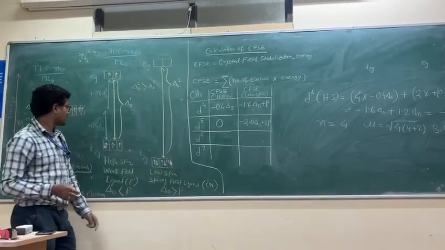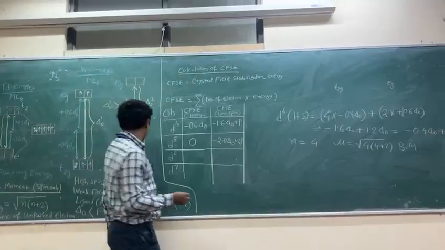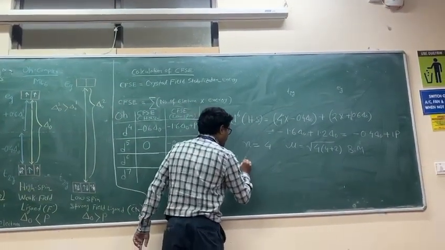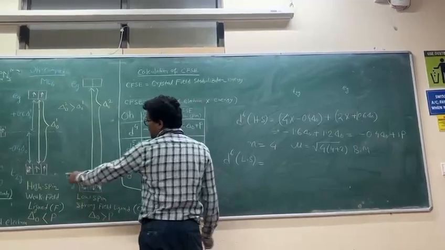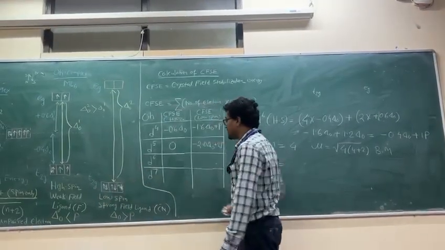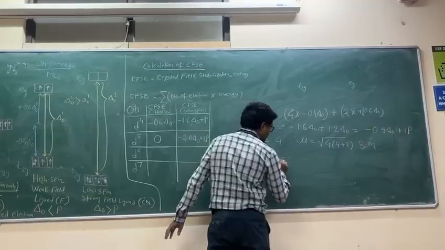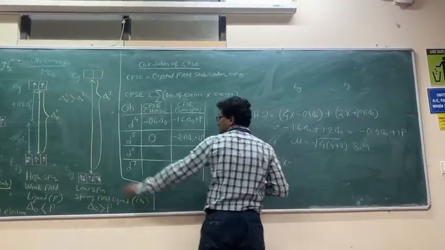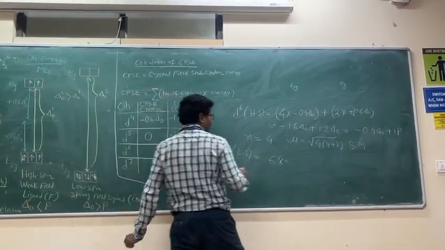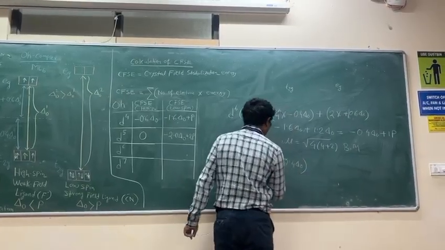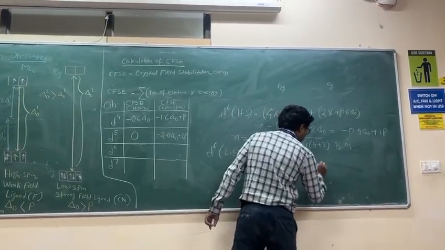Okay. So for D6 low spin, the total number of electrons in T2G level is now 6 electrons, 1, 2, 3, 4, 5, 6. So for 6 electrons in T2G level, their energy is minus 0.4 delta O, plus EG level no energy.